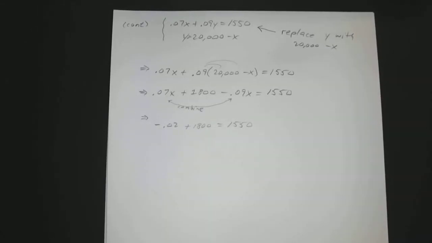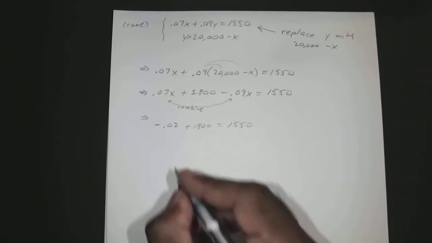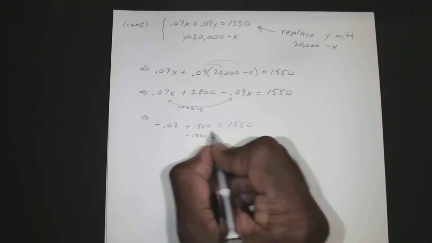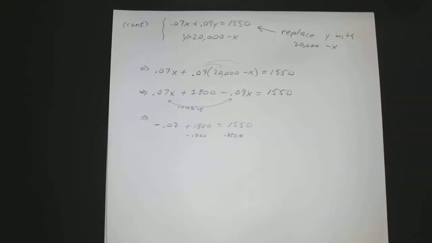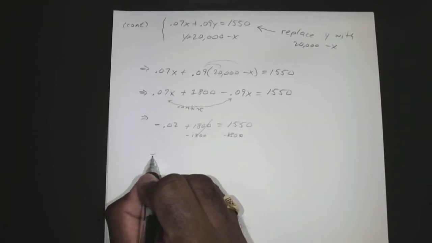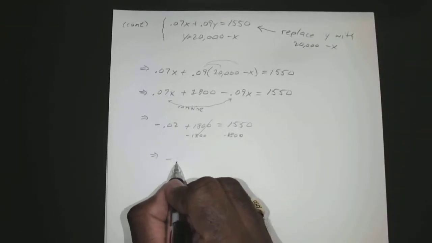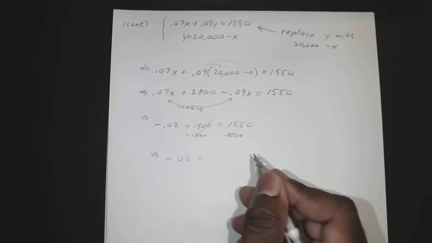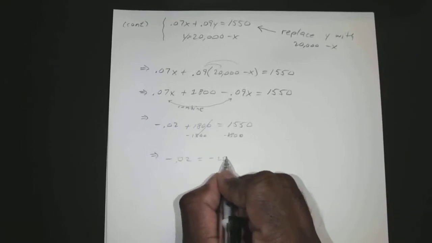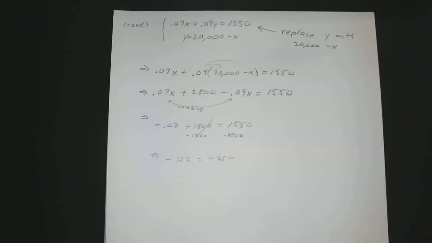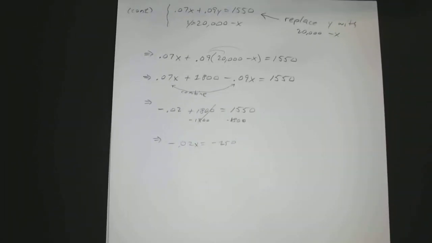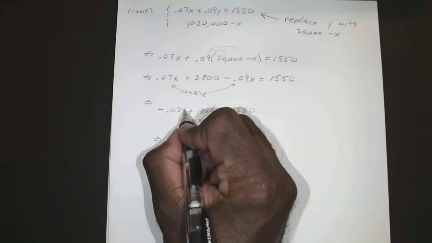And we just subtract 1,800 from both sides. That leaves us with negative 0.02x equals negative 250. Forgot my x there.